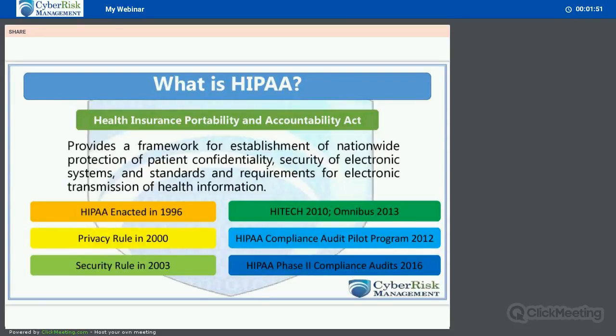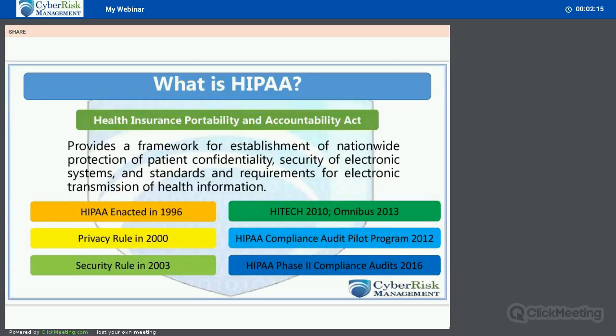So what is HIPAA? HIPAA is the Health Insurance Portability and Accountability Act. This provides a framework for establishment of a nationwide protection of patient confidentiality, security of electronic systems, and standards and requirements for electronic transmission of health information. HIPAA was originally enacted back in 1996.